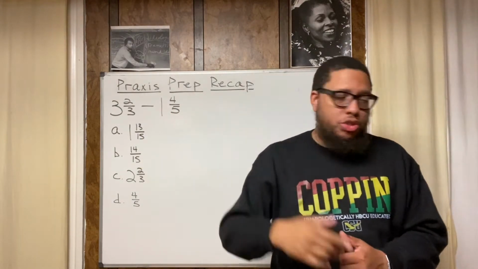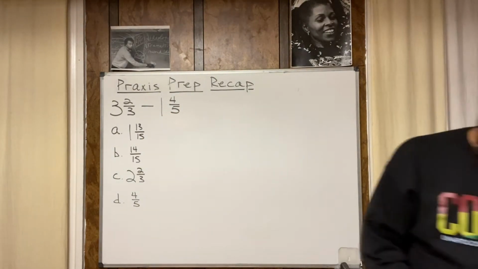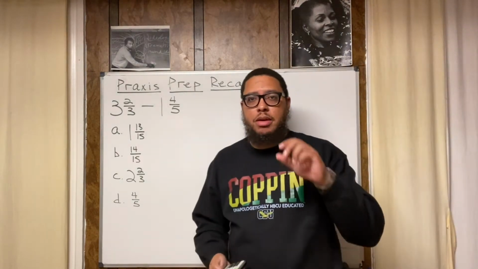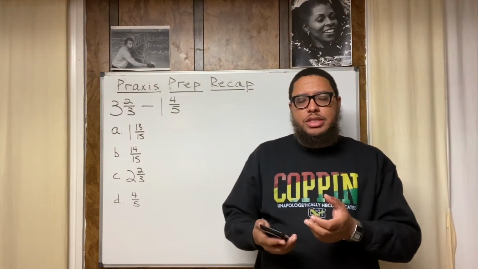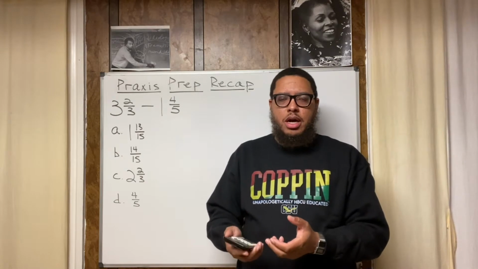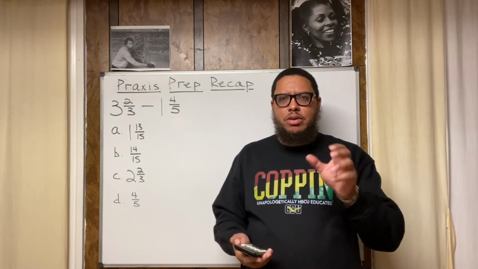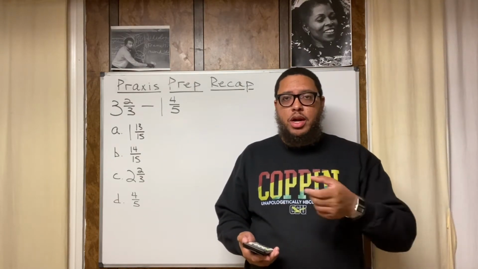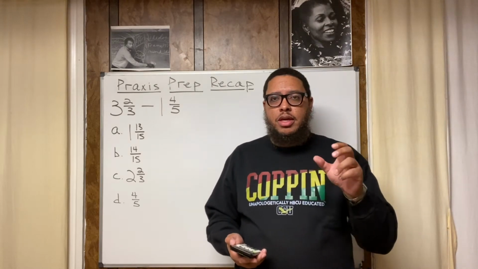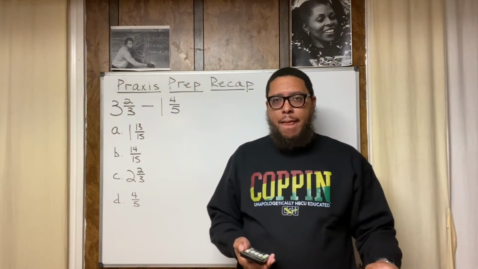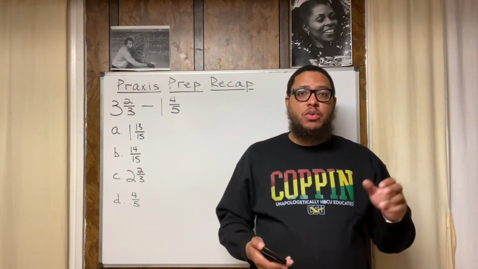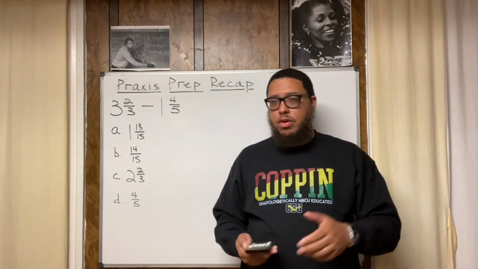So you grab your calculator, and make sure that your calculator is in a mode where it's not keeping the fractional representation of the numbers, because some calculators have a feature where they can give you the answer in fraction format. But for what we're doing, we actually want the answer in decimal format.